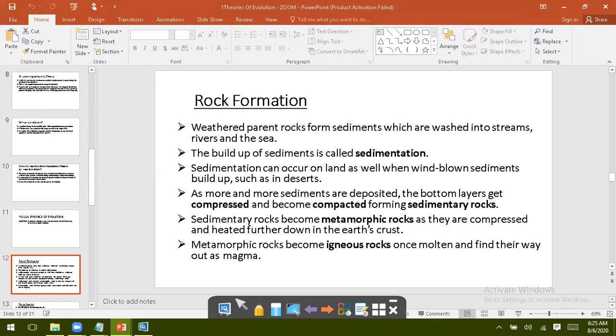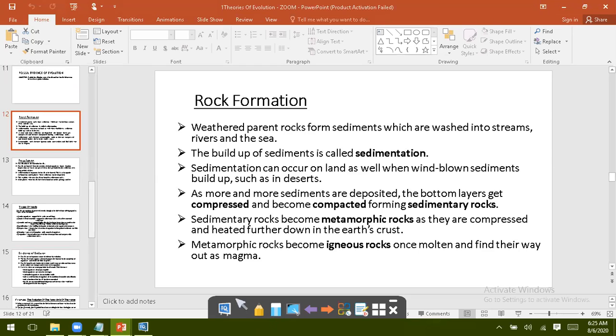All right, so rock formation is what we're going to have a look at first, but we're going to go through very quickly. Firstly, the most important thing is sedimentation. Creation of rocks starts from sedimentation. It might be said that weathering of the parent rocks brings about sediments, and sedimentation then results.